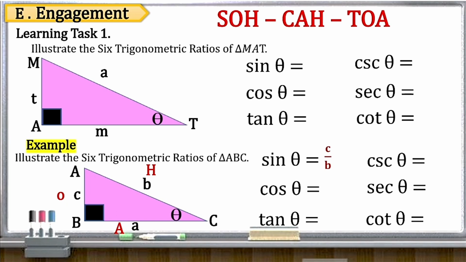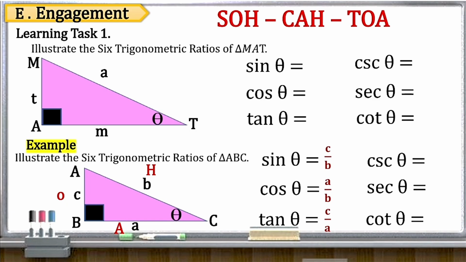So, adjacent natin is A, then hypotenuse is B. So, cosine theta is A over B. Next is tangent theta. So, tangent is equal to opposite over adjacent. So, opposite is C, adjacent is A. So, C over A.